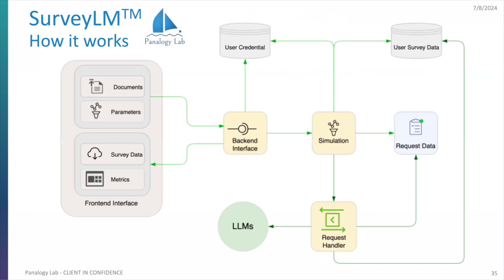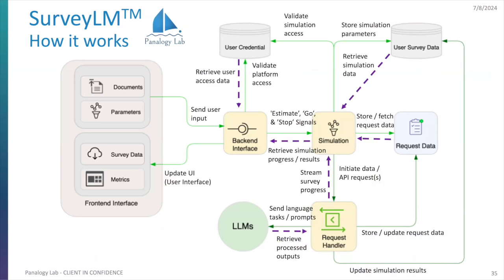Cool. Now we're actually getting to SurveyLM and how it works. This is a broad architecture for the information processing. You'll notice some of the arrows don't go back and forth, that's just the way it's shown in terms of GET and requests. I added these arrows to show you what's happening and where the information is going.